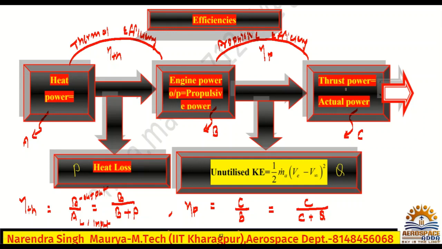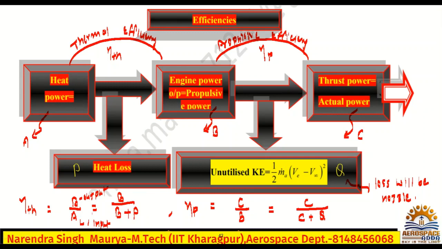And loss is called unutilized kinetic energy, and obviously this loss will be in the nozzle, because we are talking about kinetic energy.